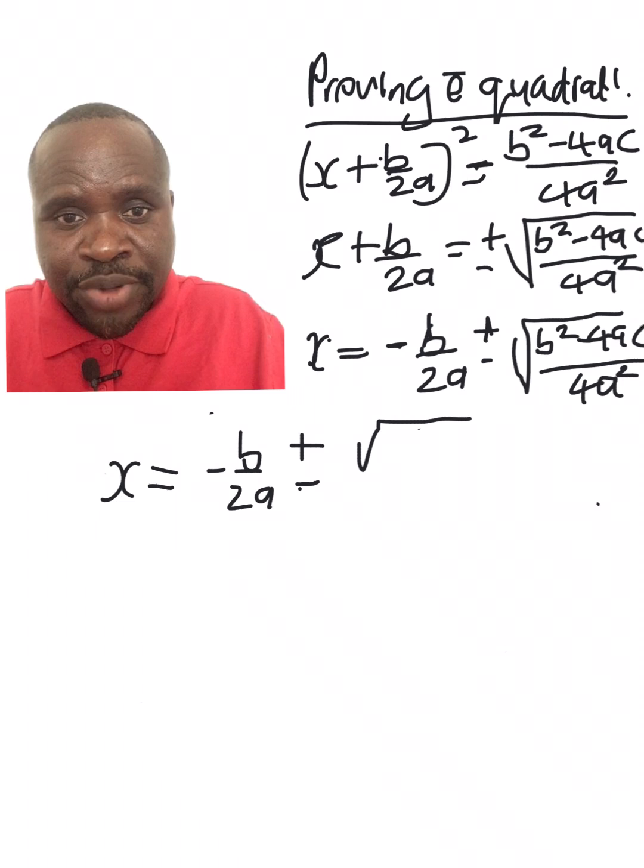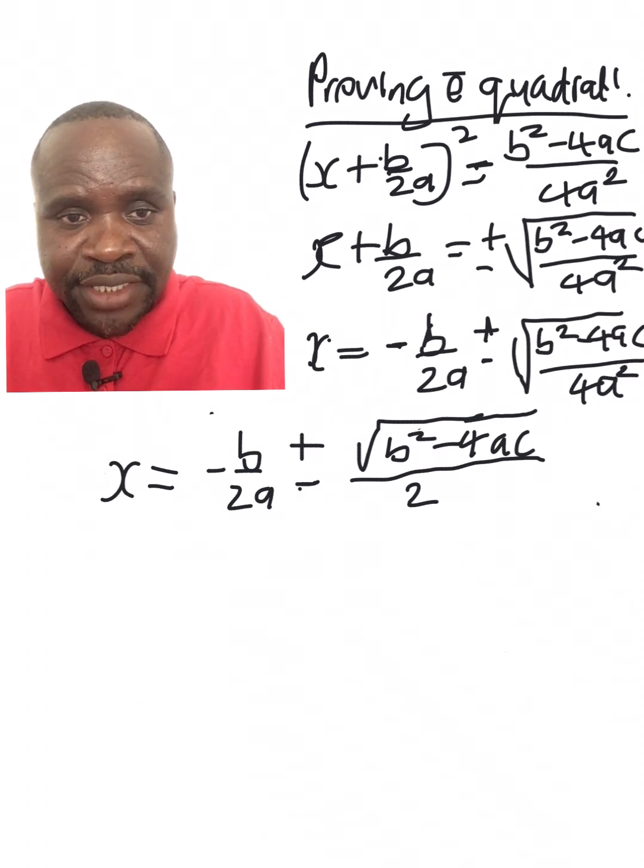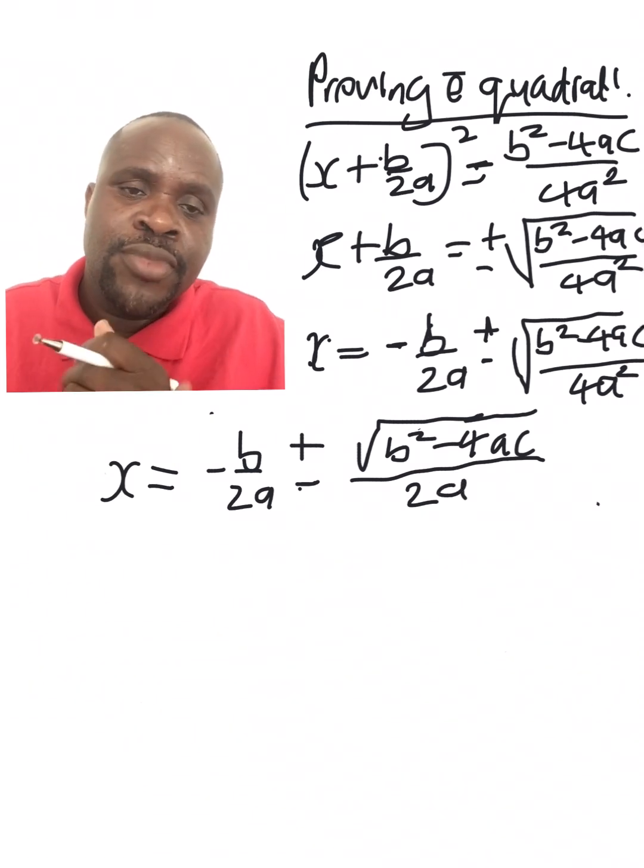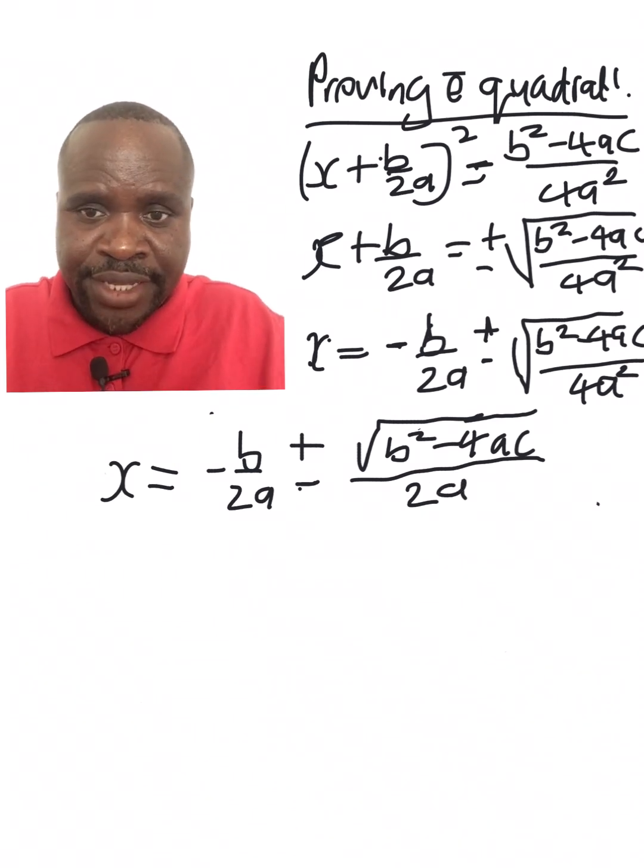So on top it will be the square root of b squared minus 4ac. Then after squaring this, we find that it will be 2a, all over 2a.